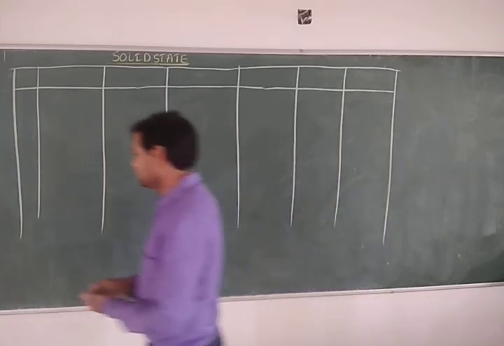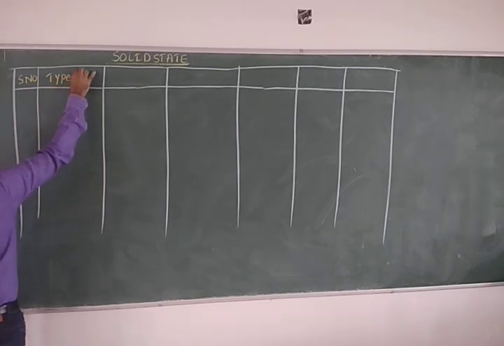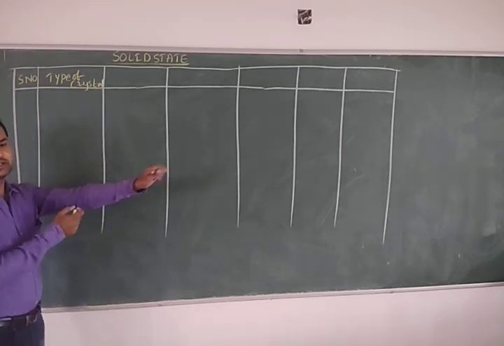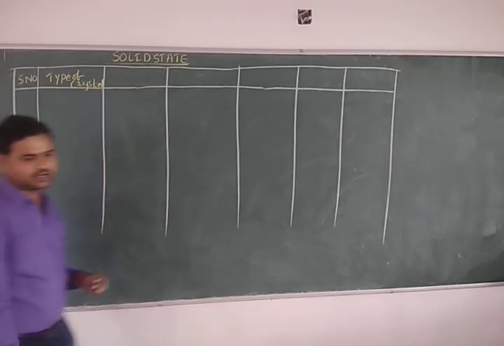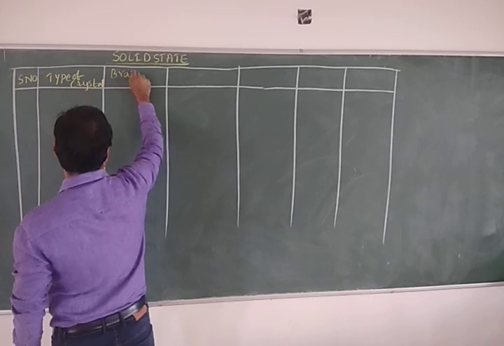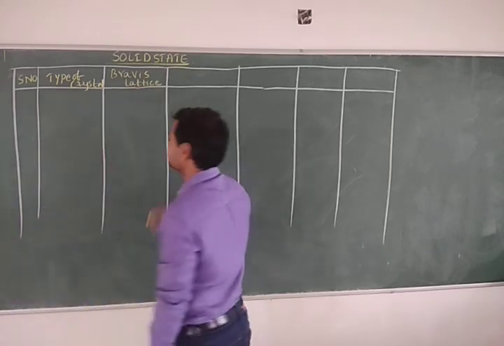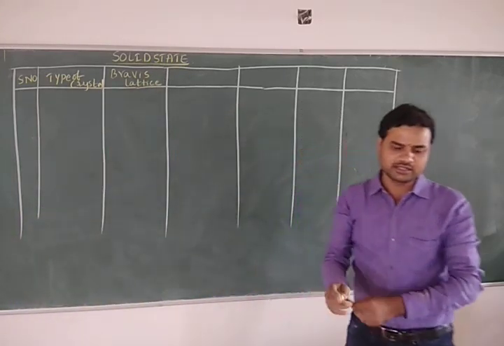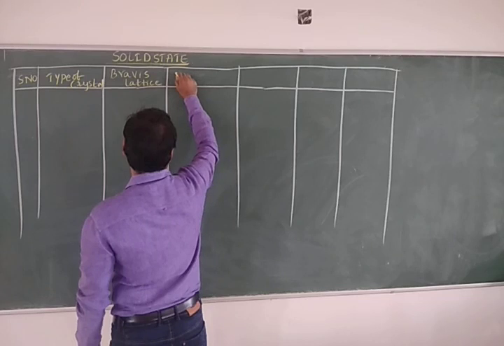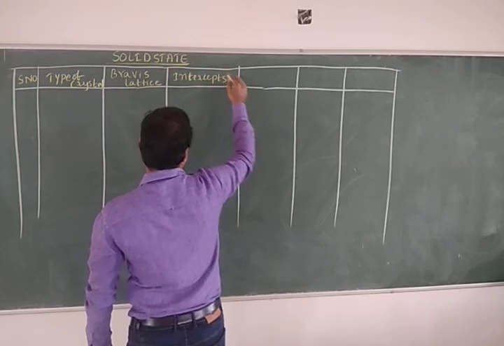See, first we are writing the serial number, next the type of crystal. Second column is type of crystal, and next the Bravais lattice. Third column we are writing Bravais lattice. Next, the parameters of the unit cell, which can be taken as 2 types, that is intercepts or axes.